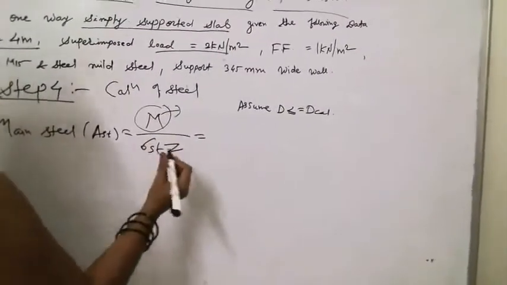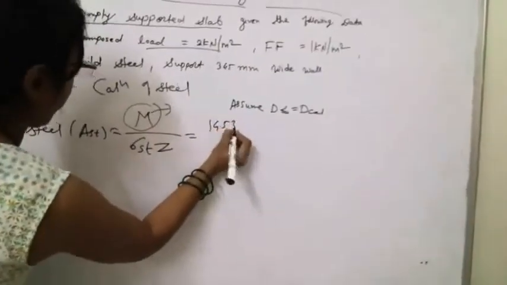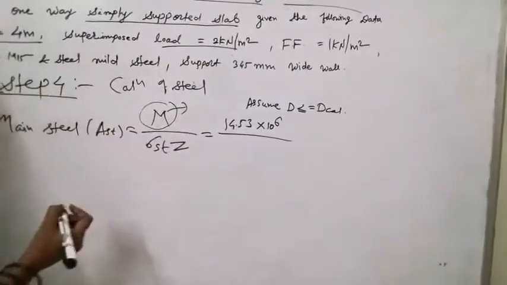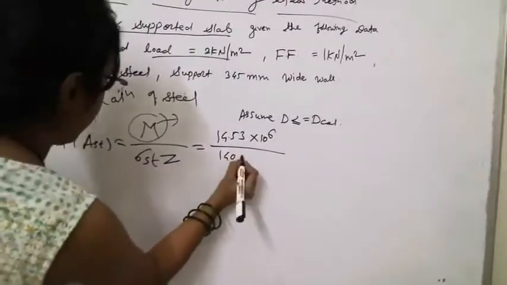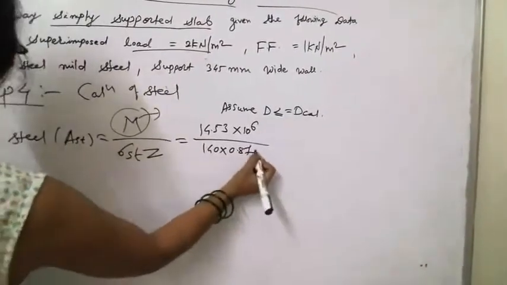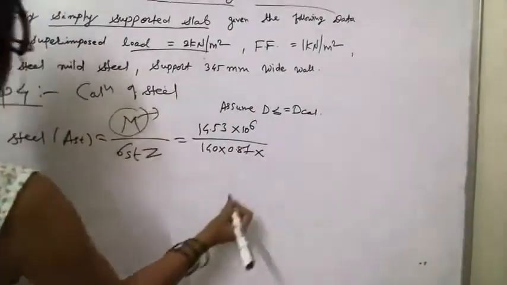Means our current value we have to take, in short, 14.53 into 10 raised to power 6 divided by 140 into 0.87 into d.